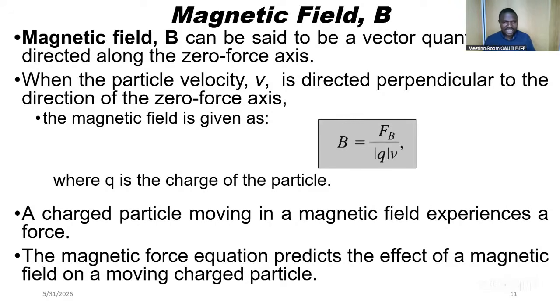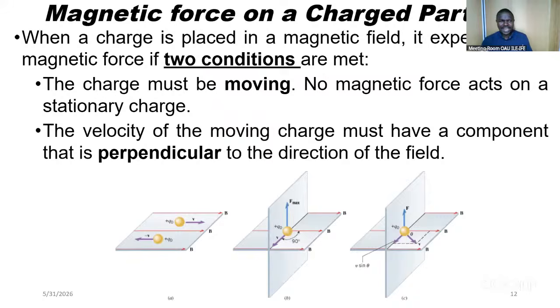So now that we have defined the magnetic field in terms of magnetic force over the charge, incorporating the velocity into it. Magnetic force on a charged particle. When a charge is placed in a magnetic field, as I've explained earlier, it experiences a magnetic force if two conditions are met.